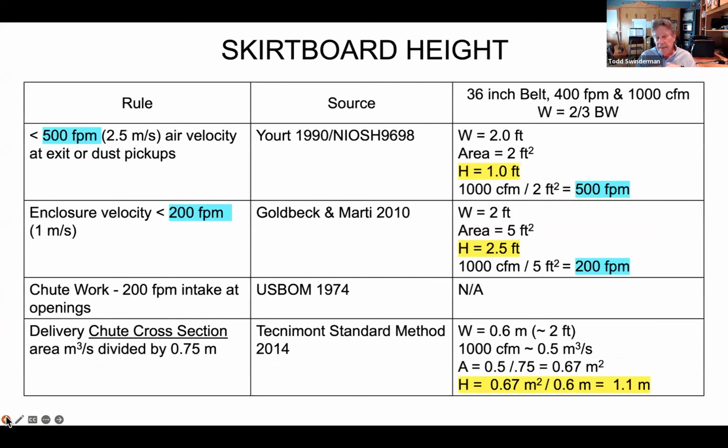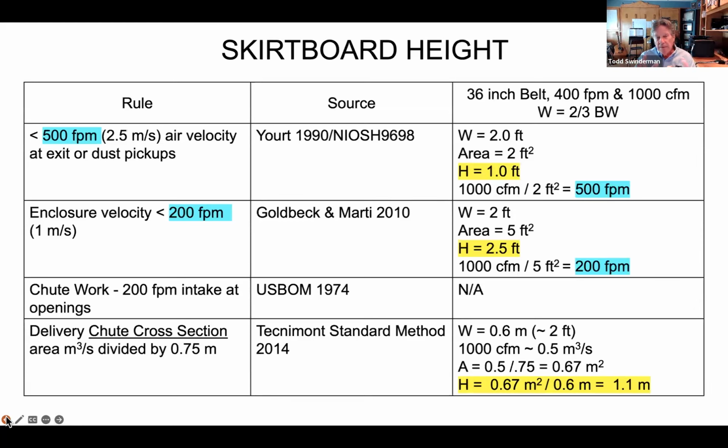So just like the width, there are all kinds of rules out there. A lot of times these rules are developed because somebody puts in a conveyor and it worked great. We put the skirt boards at 0.6 of the belt width and it worked great, but without really understanding why. So then all of a sudden that becomes the standard for the whole corporation forevermore.